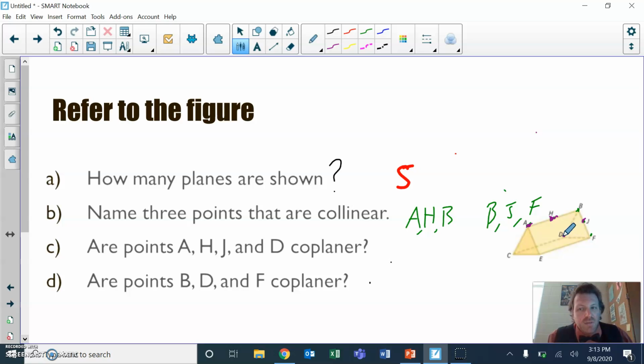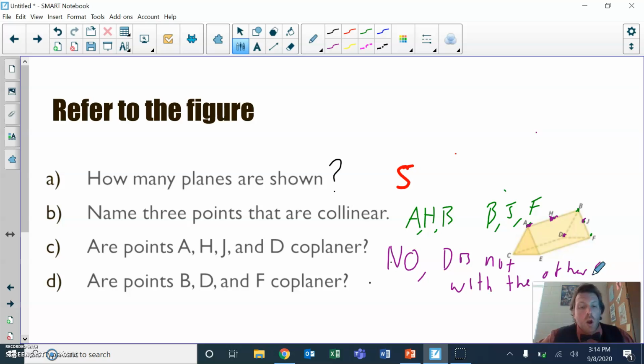And D actually falls on the back plane, okay? So since D falls on the back plane, that is a no, because D is not with the others.